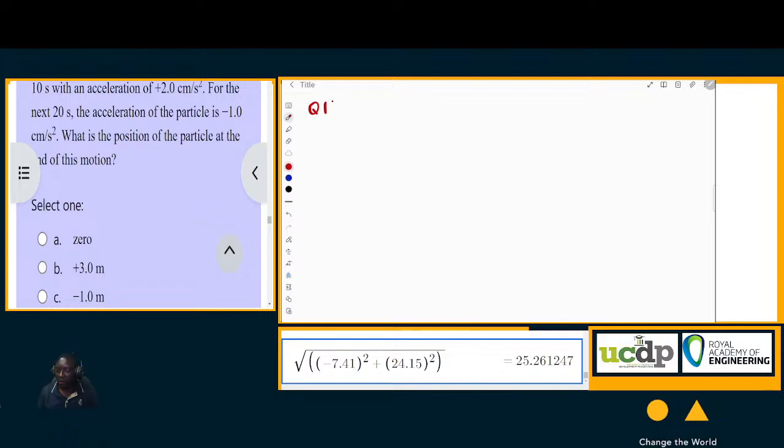So this is question 11. What is the info, the data or given quantities? What data do we have? Let's put the info together and see.